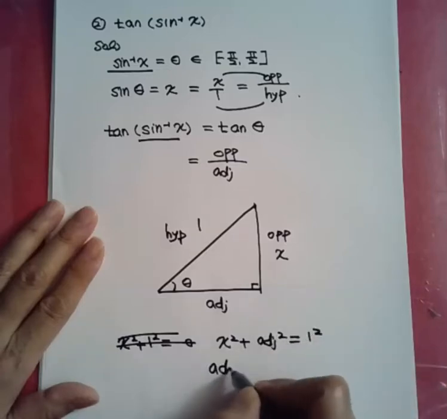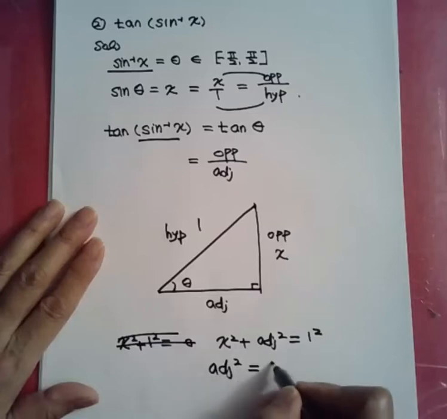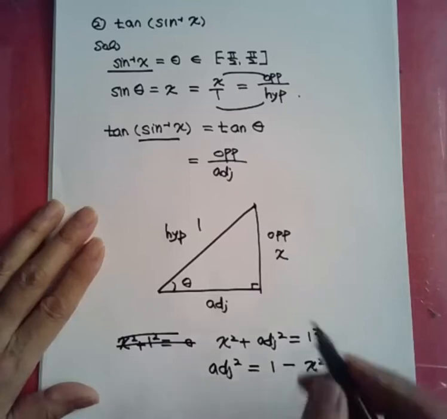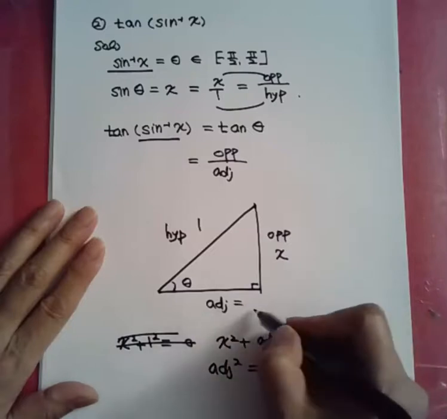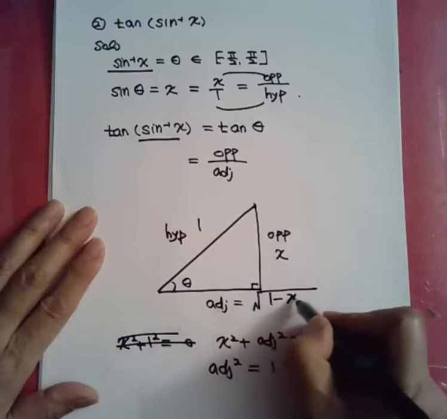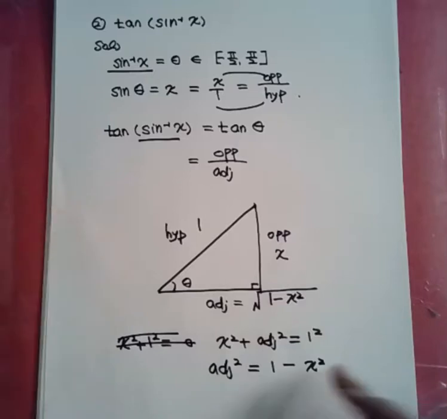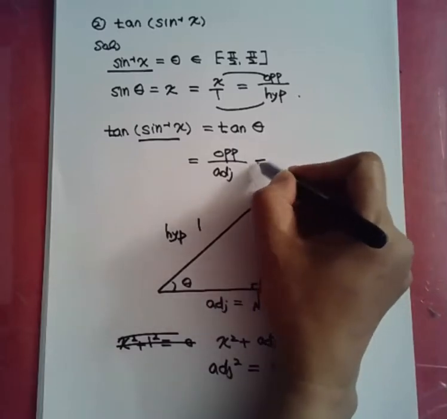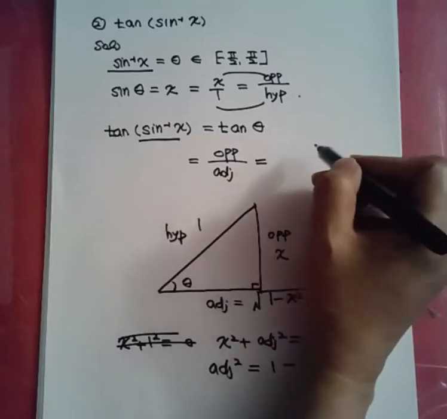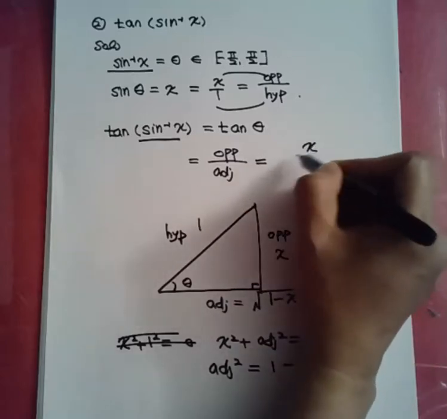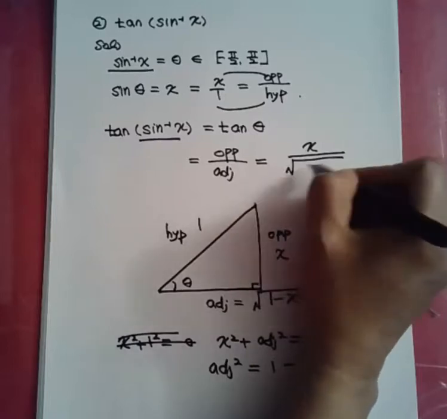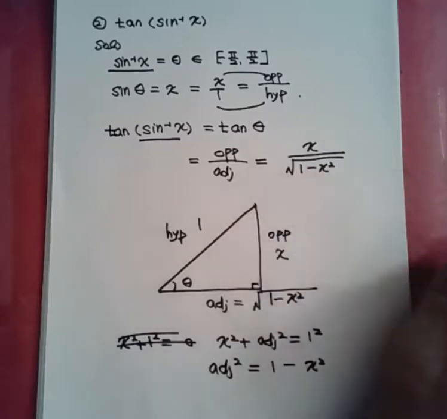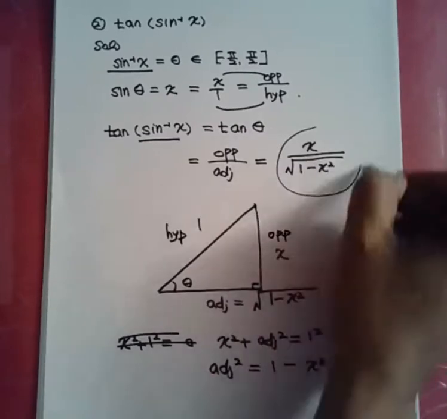So adjacent squared equals 1 minus x squared. So adjacent is square root of 1 minus x squared. We took the square root on both sides, and that is positive because we are thinking about the length of the side. So opposite is x and adjacent is square root of 1 minus x squared. This is the final answer.